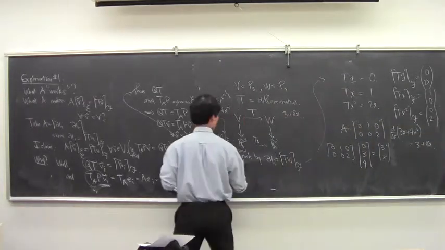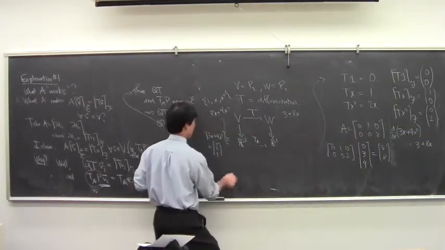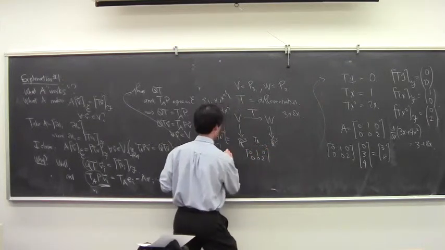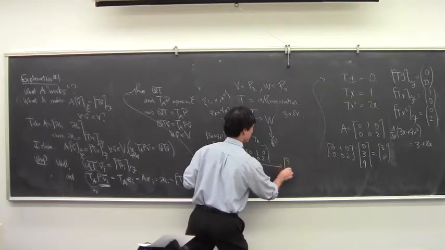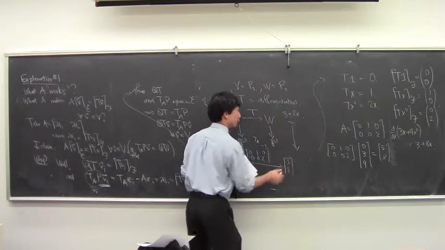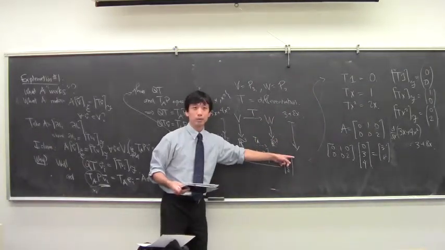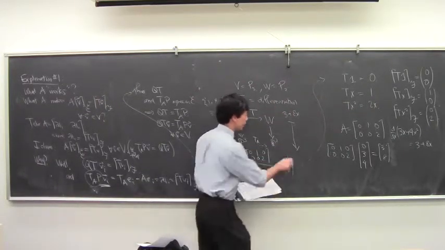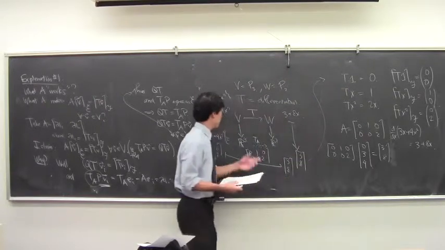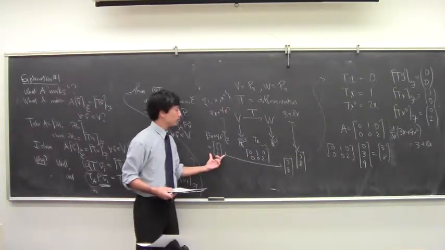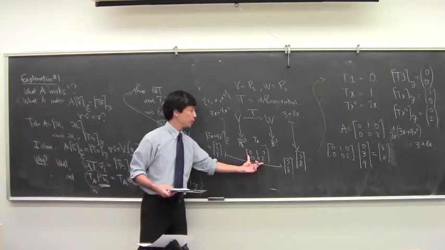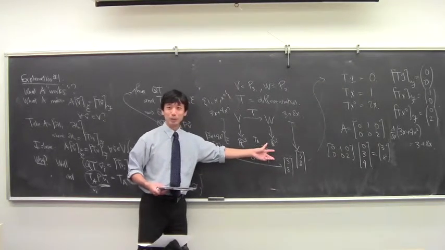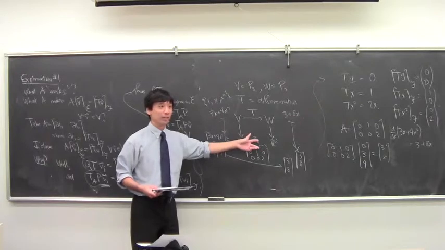So I hit the thing with the matrix, and this gets mapped over here to 3, 8. And lo and behold, that's the same thing you get if I start with this, differentiate it, and then go down to its coordinate vector. It's the same thing as if I go down to the coordinate vectors first and then left multiply by the matrix. It's not a miracle. We showed that this is guaranteed to happen.